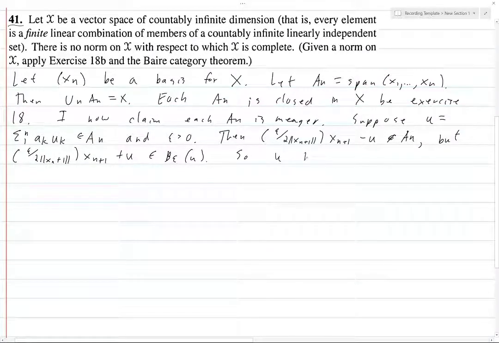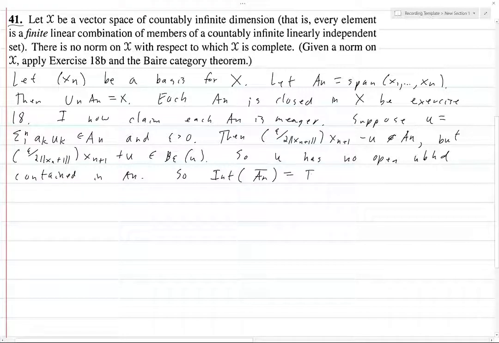So u has no open neighborhood contained in An. So the interior of the closure of An, and I'm going to combine a few steps here: An is closed, so its closure is itself.